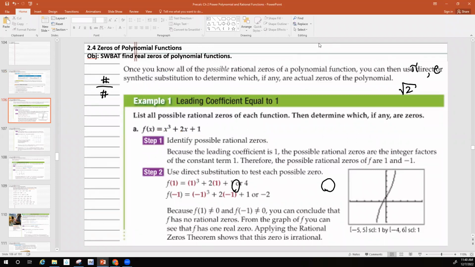And then we can figure out the possible rational zeros, and there's going to be a lot. You're going to see.